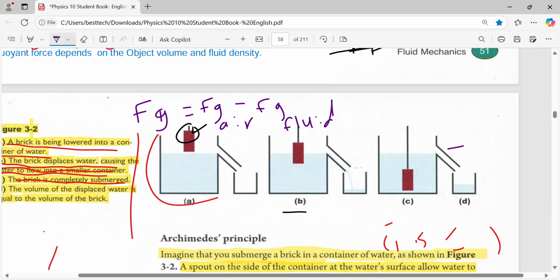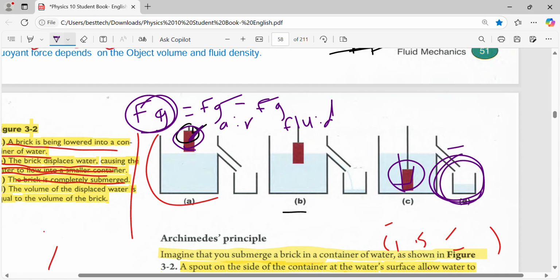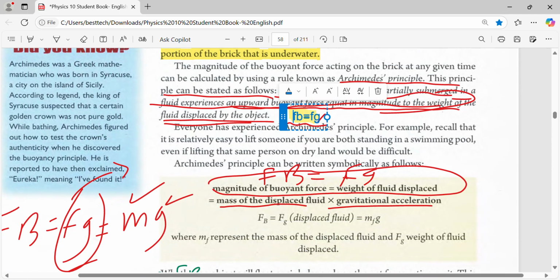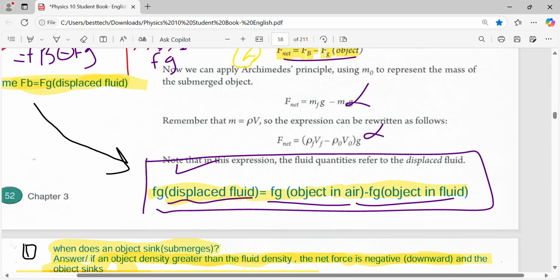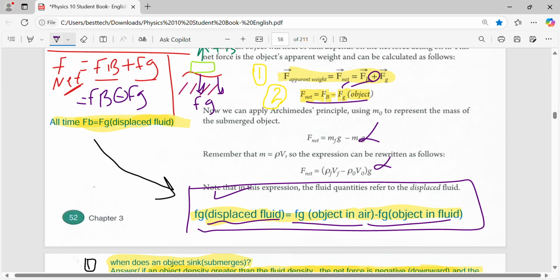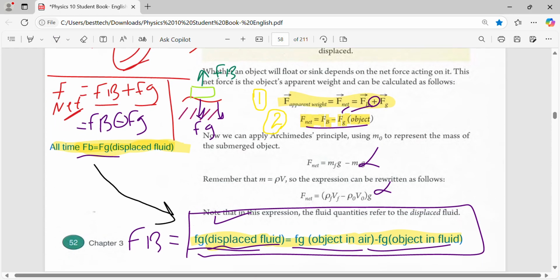This is the Fg of the object in air, and this is the Fg of the object in fluid. So we subtract both, and at the end we get the Fg of the water that comes out. You subtract the weight of the object in air and the weight of the object underwater, and we get the Fg of the displaced fluid. And we mentioned that Fg is always equal to Fb, so when you get the value of Fg, the same value is Fb because they are equal.